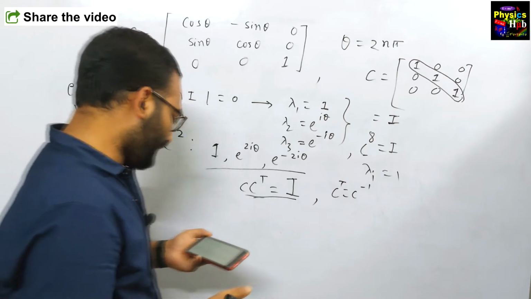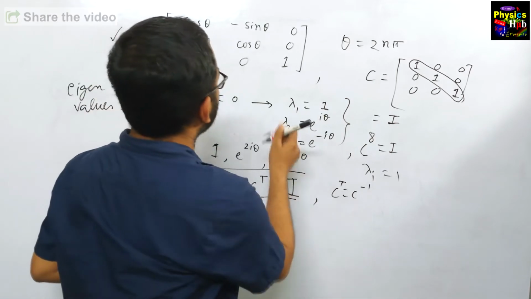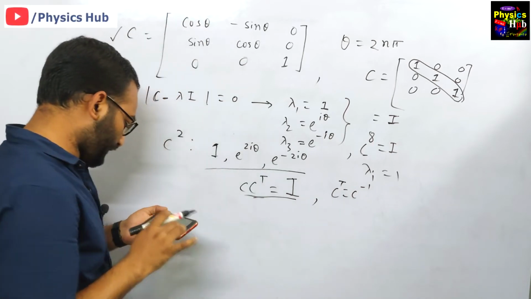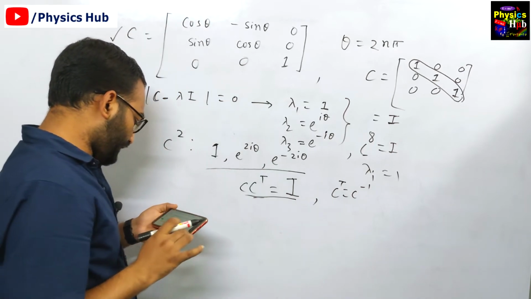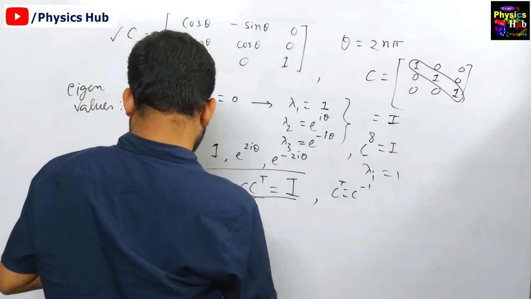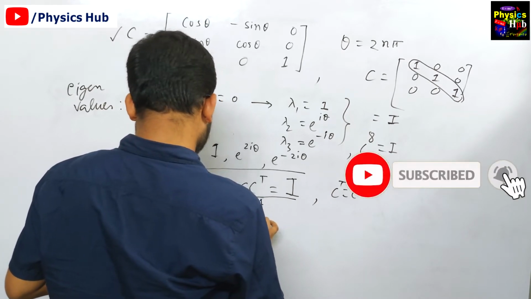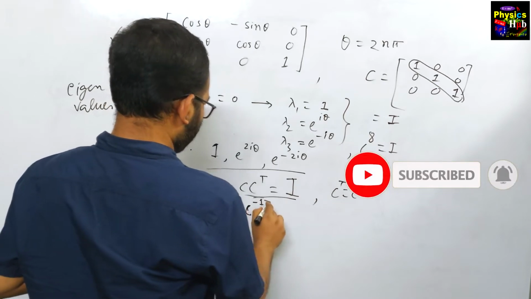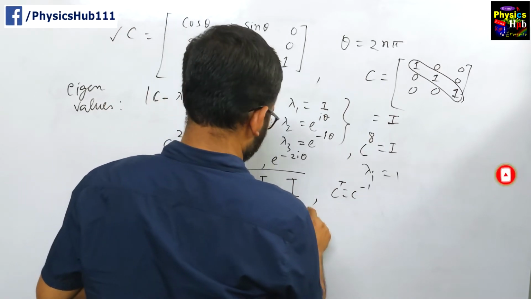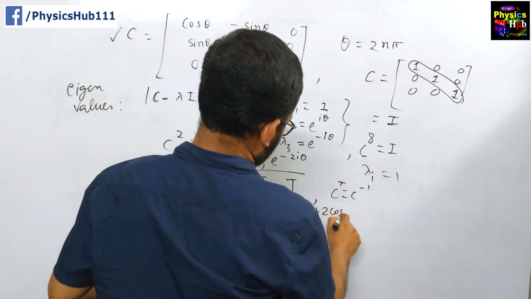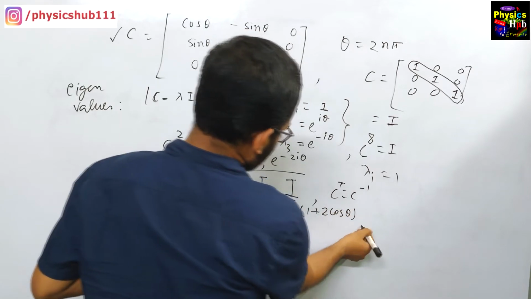So in this logic, you can easily calculate the eigenvalues of whatever matrix you have been asked, C transpose plus C inverse. You have to find out the trace of this matrix. So you will find out to be 2 into 1 plus 2 cos theta. Okay, but in the question it is given 1 cos theta.